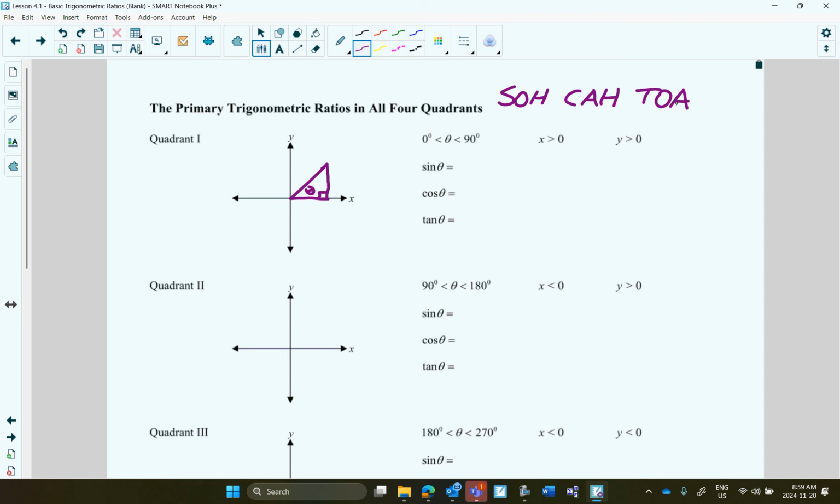So in quadrant 1, this is really just grade 10. If this is the angle I'm talking about, the longest side, the slanted side that comes out from the vertex, will be the hypotenuse. The vertical side will be the opposite side, which means that this side will be the adjacent side.